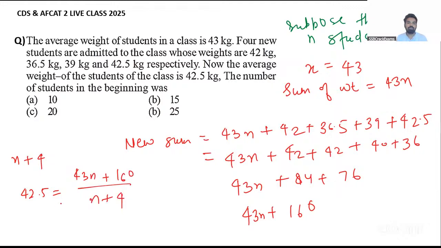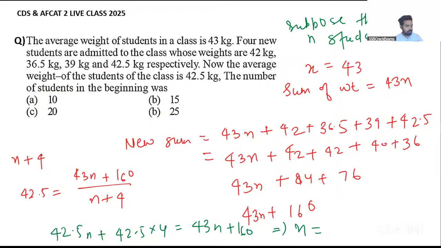So just cross multiply these things. 42.5 n plus 42.5 times 4 is equal to 43 n plus 160. From here just solve this equation, you will get n. n is equal to 20.